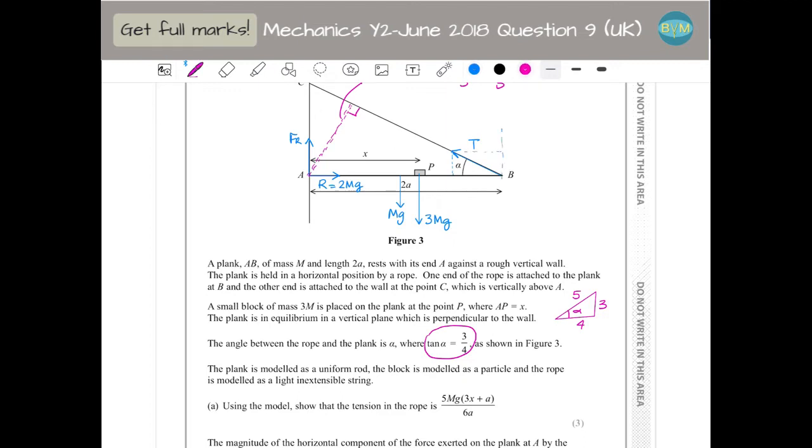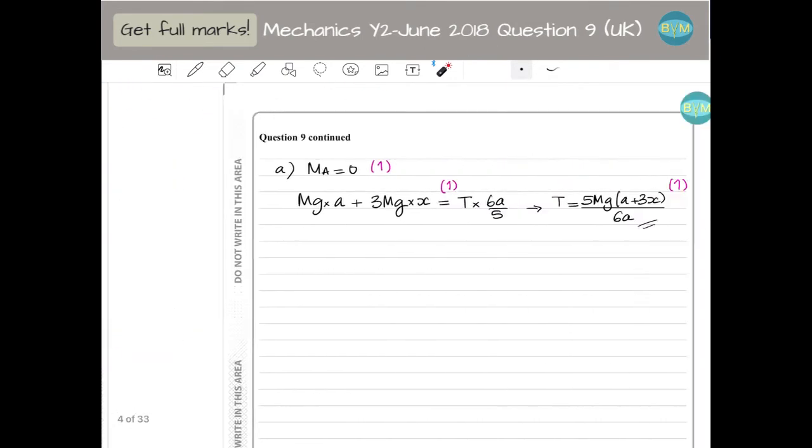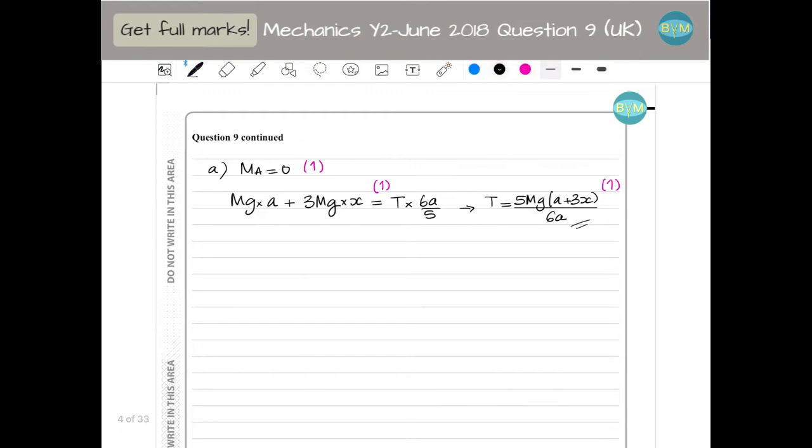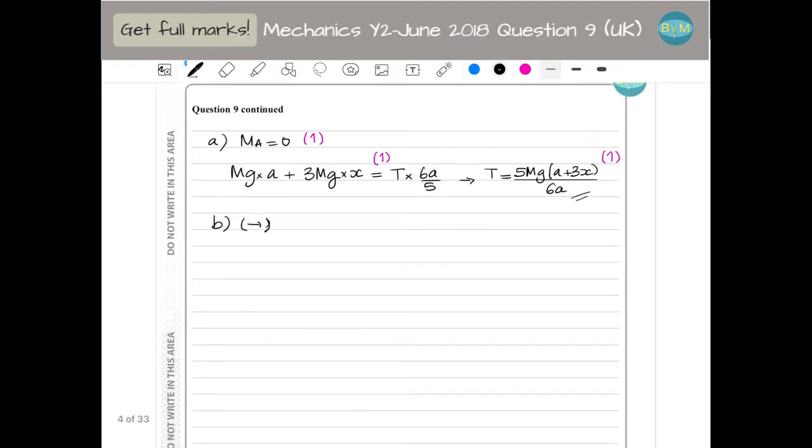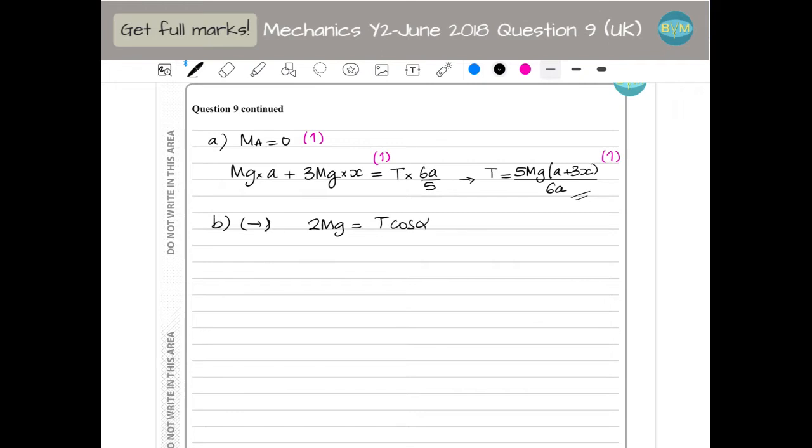The horizontal pointing that way is going to be T cos of alpha, and the vertical is going to be T sin of alpha. So if I resolve horizontally, this 2 mg pointing right is going to be T cos of alpha pointing left.